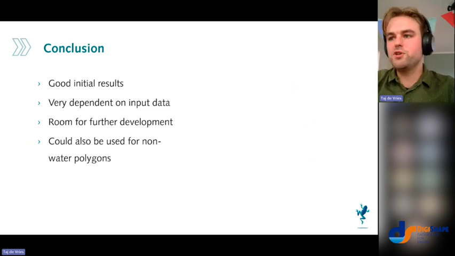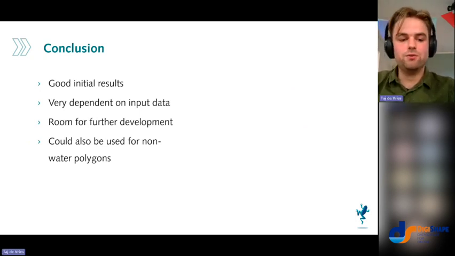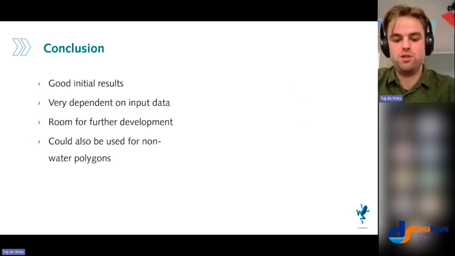So in conclusion, we have very good initial results, but they're very dependent on the input data. There's still a lot of room for further development, but we think we can use the data that we've had so far and make a difference for measuring the water levels in very small waterways that are not measured at all right now.